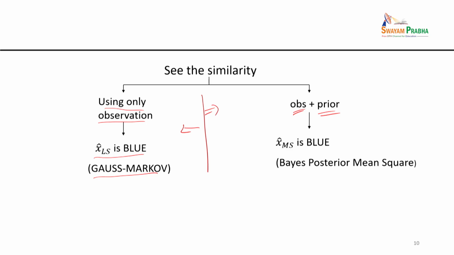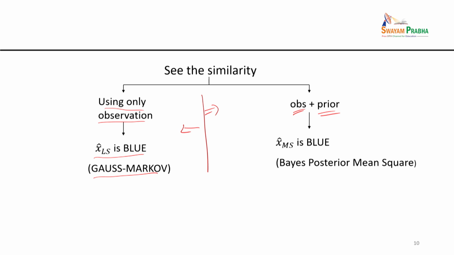I could have used weighted sum of squared errors. Here on the right-hand side, we used weighted sum of squared errors. So there is commonality in the cost function. The only difference is I have prior information, and that complicates the arithmetic a little bit. But that's where the Bayes rule comes into play.